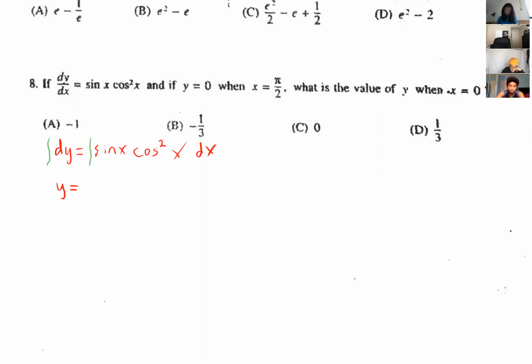So I'm going to do u substitution. I'm going to let u equal the inside function, which is cosine x. So that's inside of u squared. And then that means my du is going to be negative sine x dx. And sine x shows up in the integrand, so that's a good sign. So I can multiply both sides by -1.